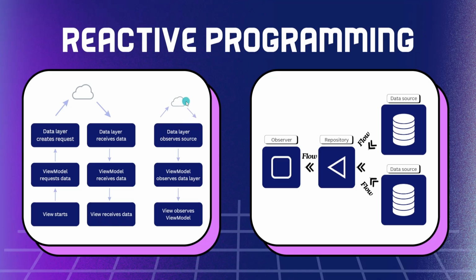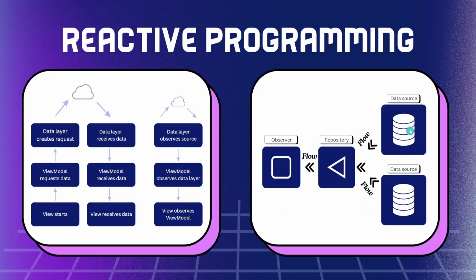But reactive programming is not like this. View observes the view model, and view model observes the data layer, and data layer observes the source. And any changes that happen here will be delivered soon to the view by using the flow.